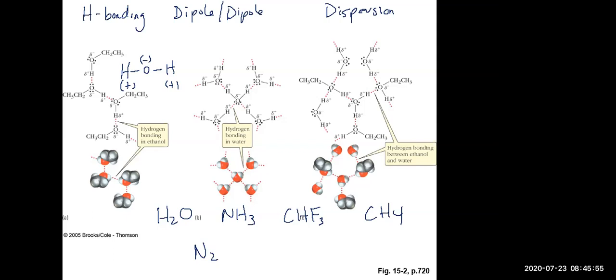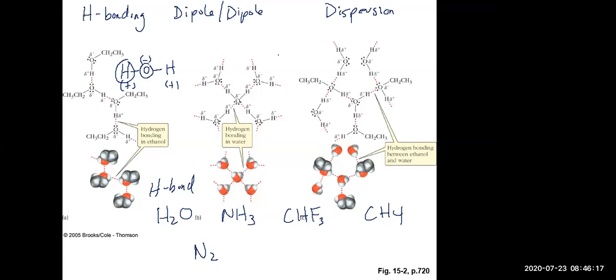And this is a hydrogen that's connected to an oxygen, so it does have the ability to hydrogen bond. So hydrogen bonding here would be the major type of intermolecular force in water interacting with water, and probably how water interacts with a lot of other molecules as well.